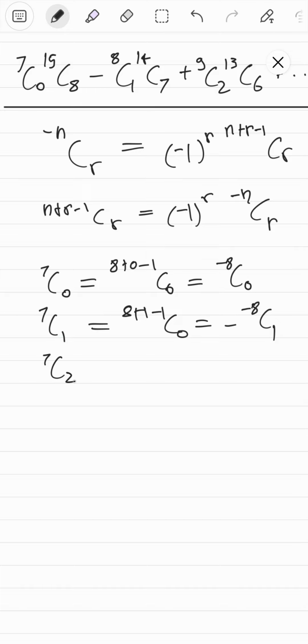And then 7C2. Oh, it's not supposed to be 7C2. It's supposed to be 8C1 over here, because only then will you have 8. And then you have 9C2. So 8C1, 9C2, that's why I'm doing this. So 9C2 can be written as (8 plus 2 minus 1)C2, which is going to be positive because negative 1 power 2, times negative 8C2.